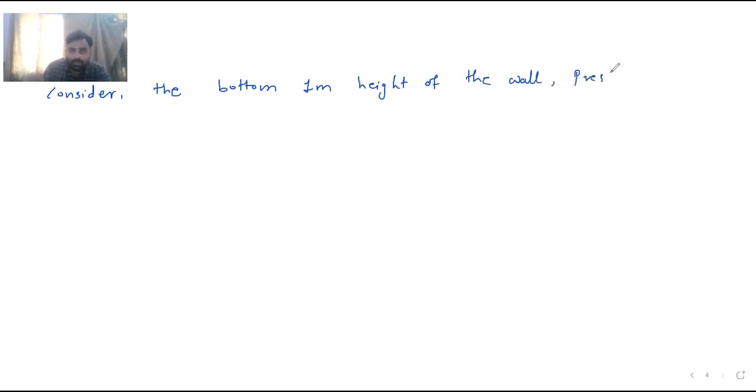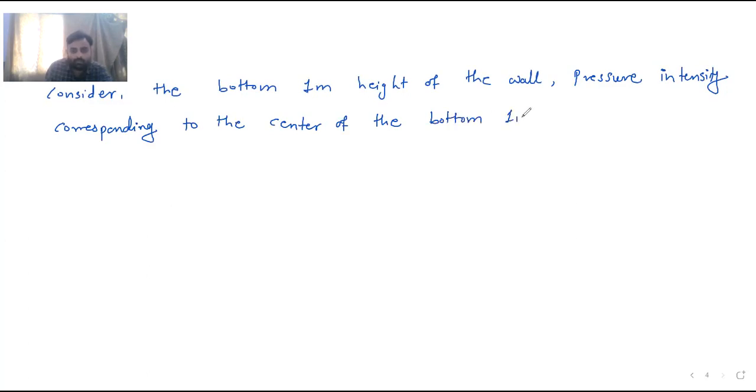After the thickness, now consider the pressure intensity corresponding to the center of the bottom 1 meter height of the wall.